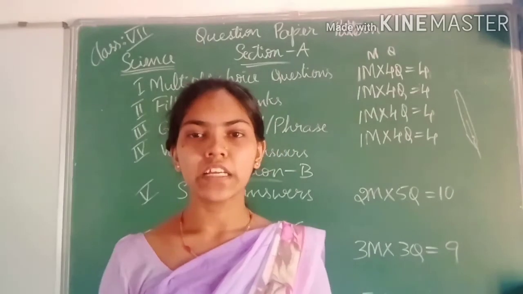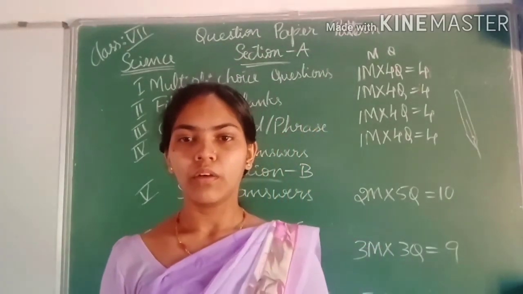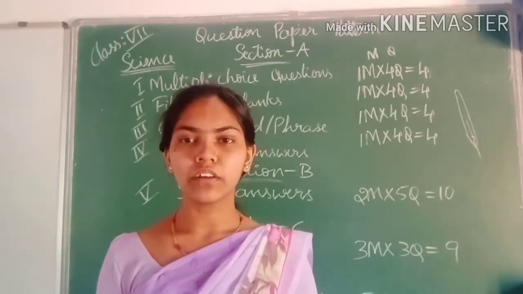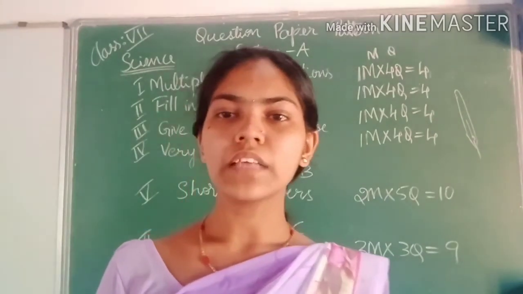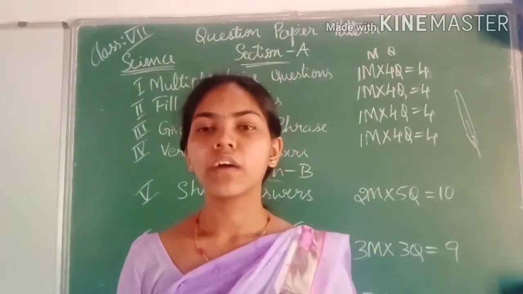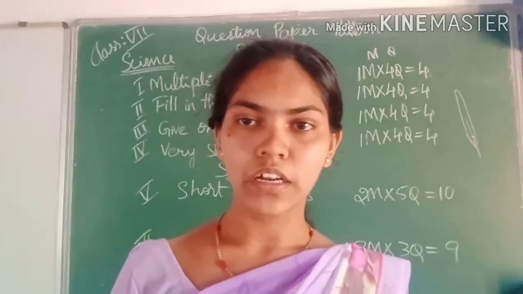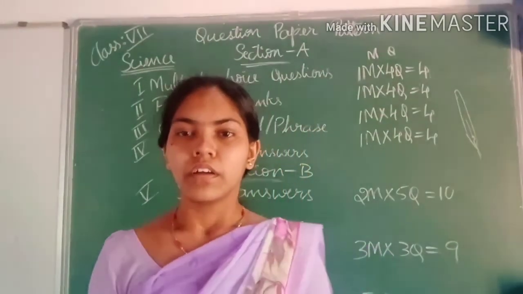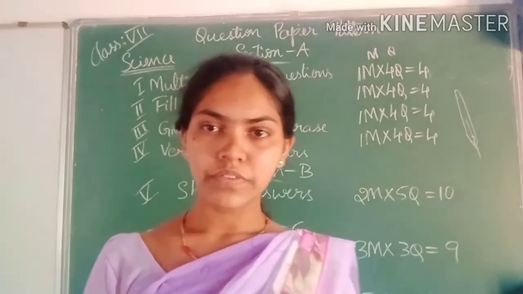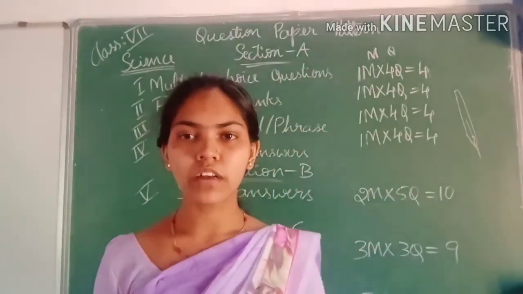After that, radiation: what do you mean by radiation, and what are the conditions required to transfer the heat through radiation. And what is the difference between conduction, convection and radiation, how a thermos works, and what are the applications of radiation.